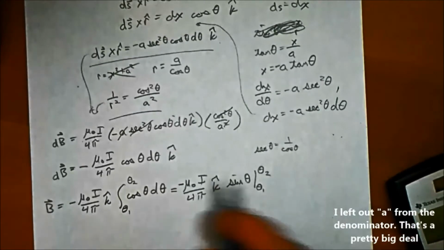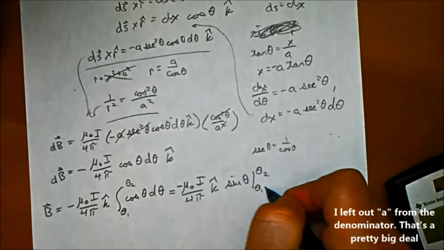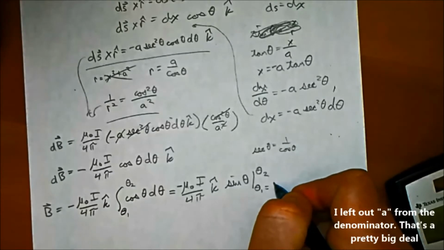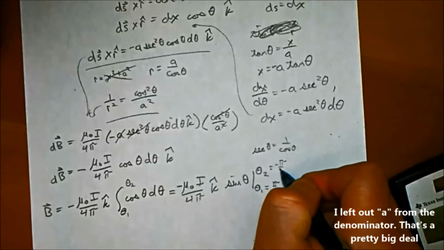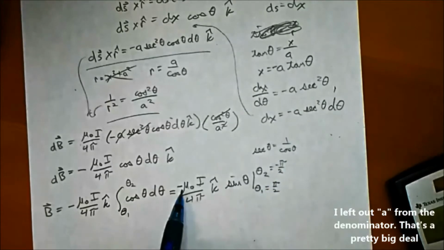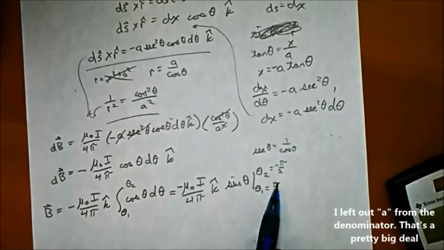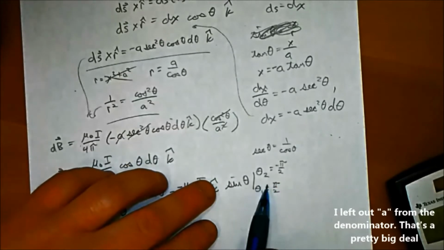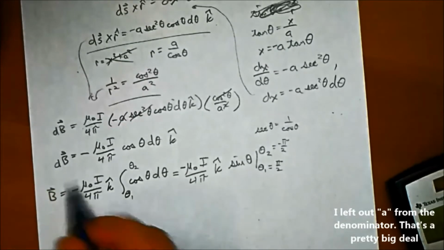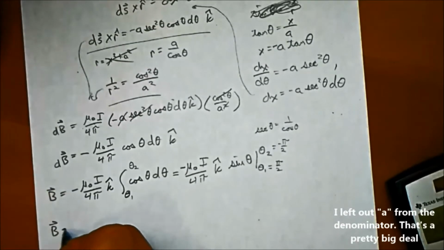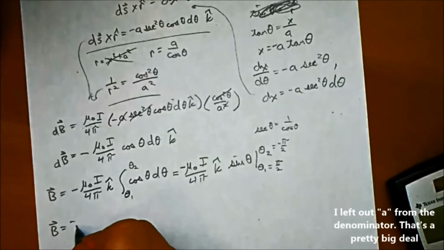So I can say this is from pi over 2 to negative pi over 2. Now I could take that negative sign and absorb it into the integral, into these integration limits by flipping them. I think that keeps things a little neater, but people often get angry when I do that, so I won't do that here.